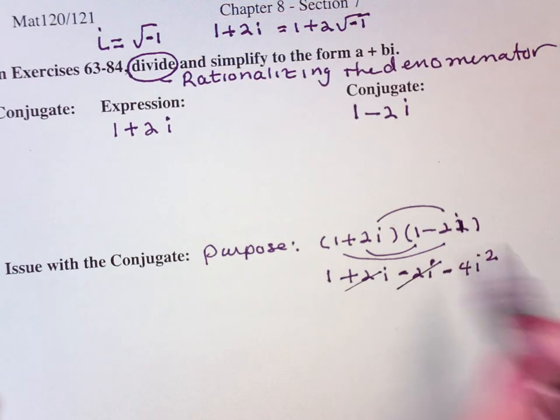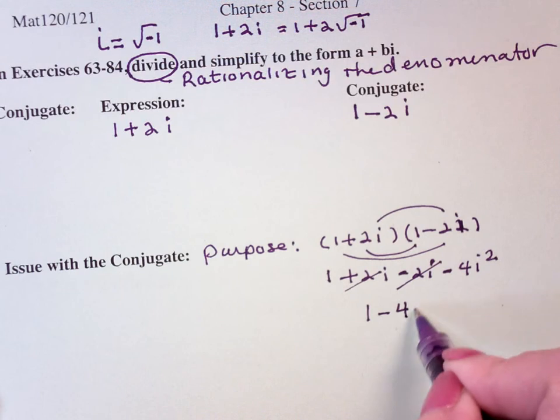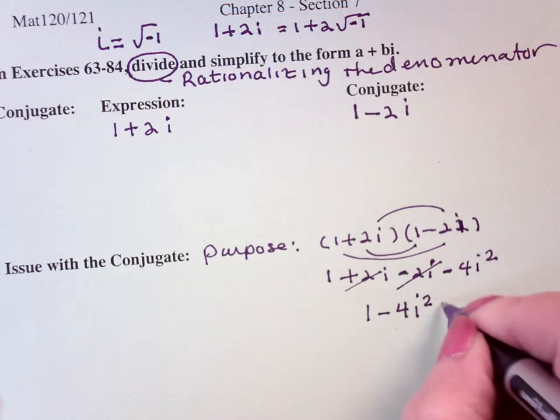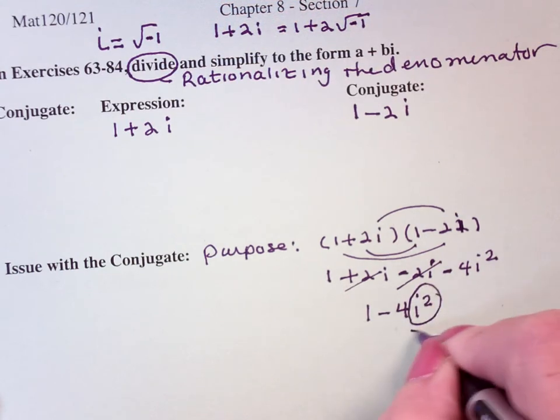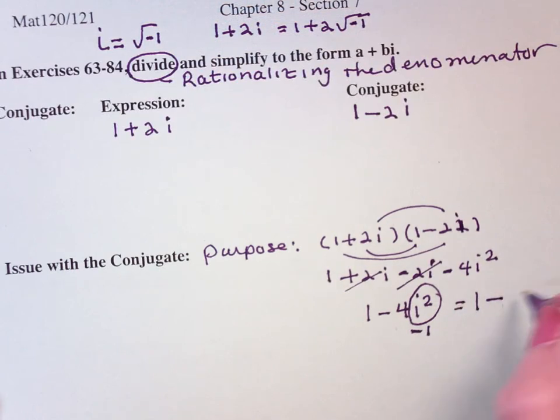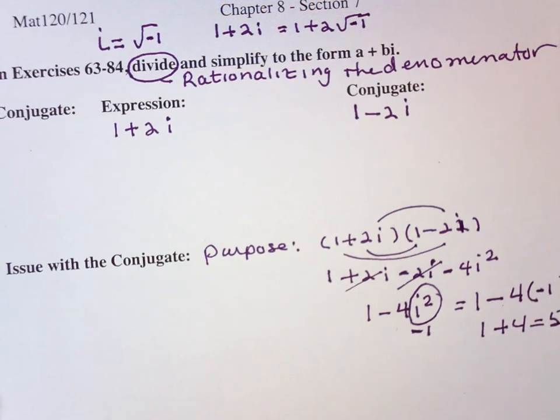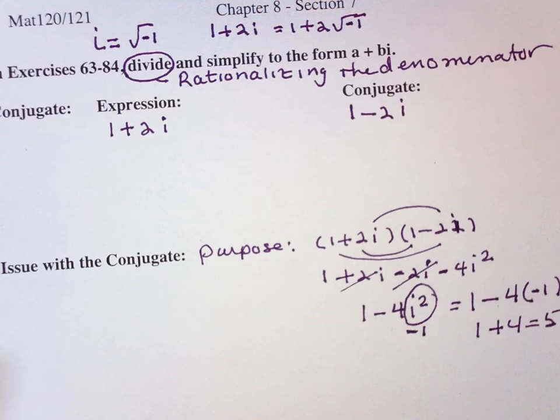Plus 2i minus 2i add to 0, I get 1 minus 4i squared, and we said that i squared is the same as -1. This is 1 minus 4 times -1, because I'm multiplying by i squared. This is 1 plus 4, or 5, and the radical is gone. And that's the purpose of the conjugate, to eliminate the radical, or the i in the denominator.